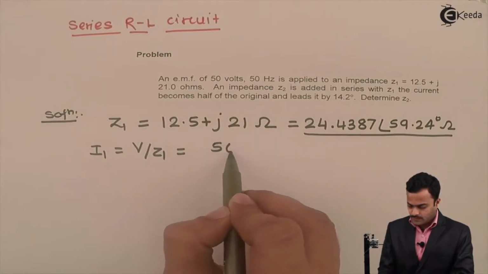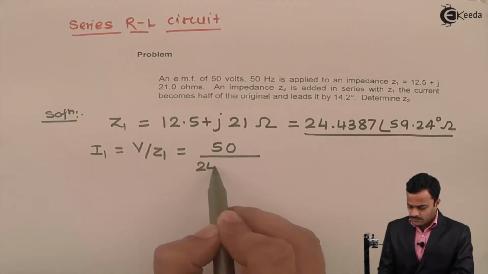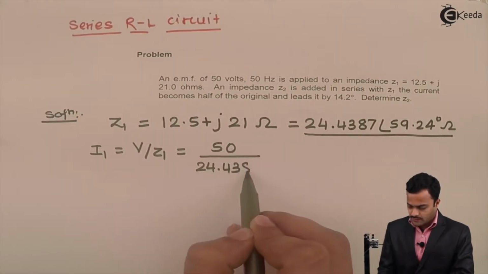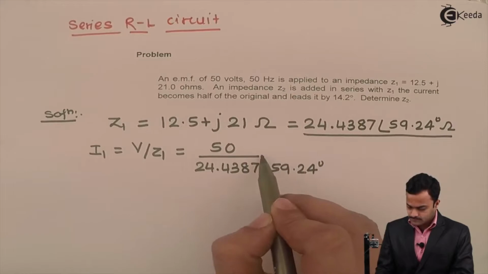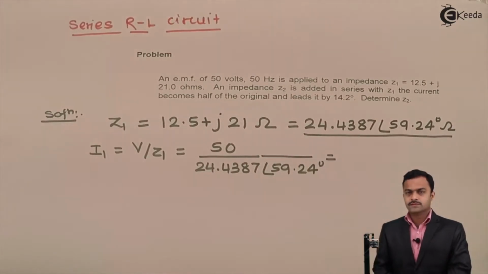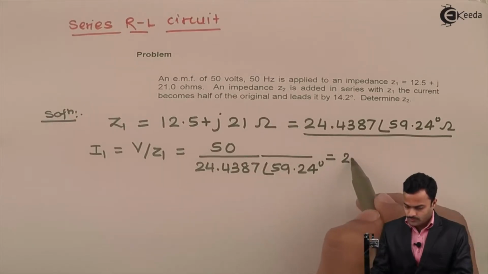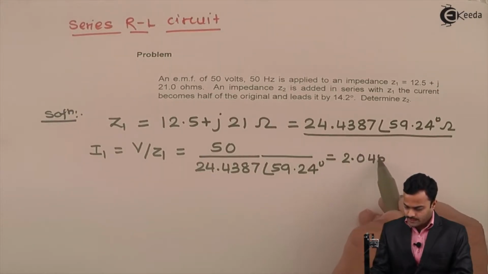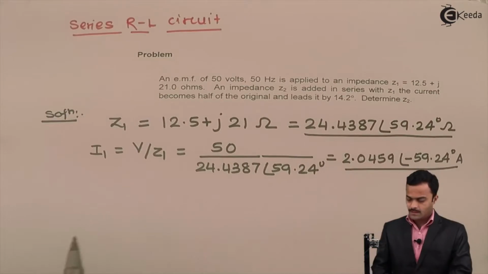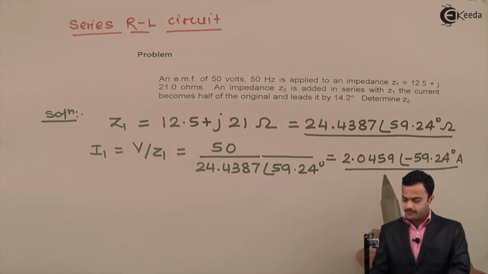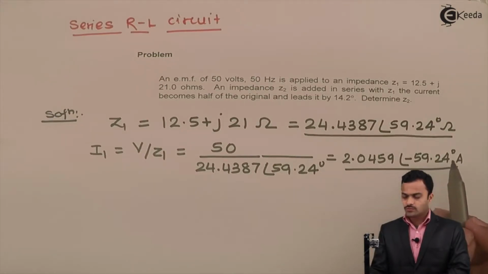So it's 50 divided by 24.4387 at an angle 59.24 degree, which is equal to 2.0459 at an angle minus 59.24 degree ampere. So for the first case, I am getting I1 as 2.0459 at an angle minus 59.24 degree.